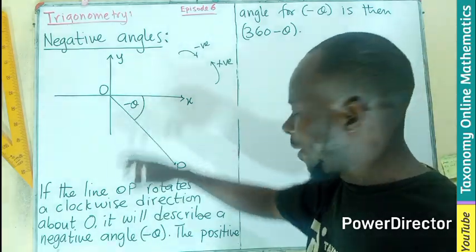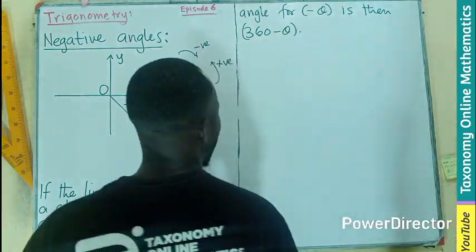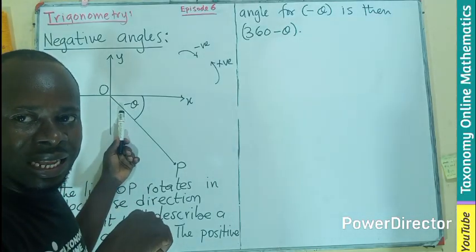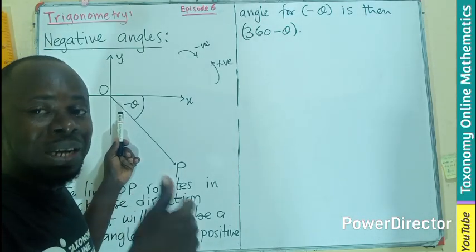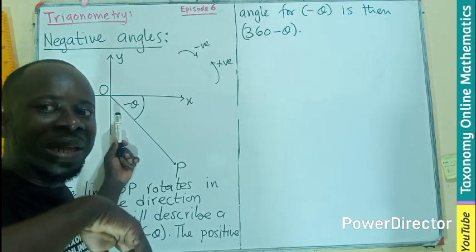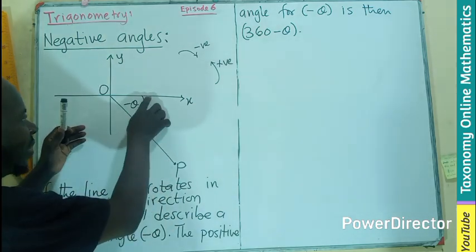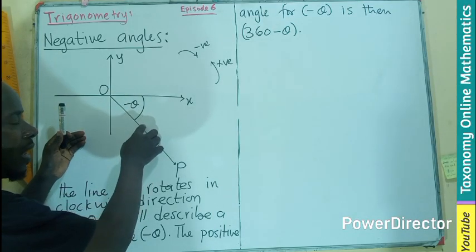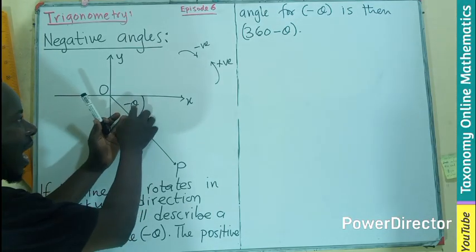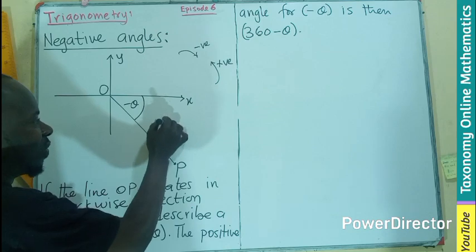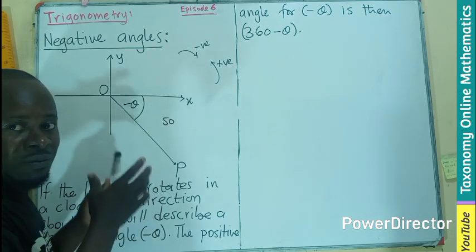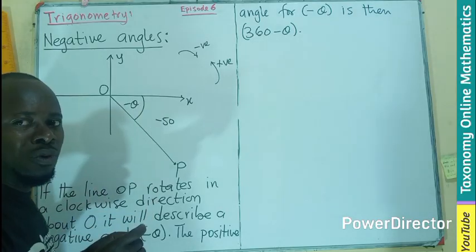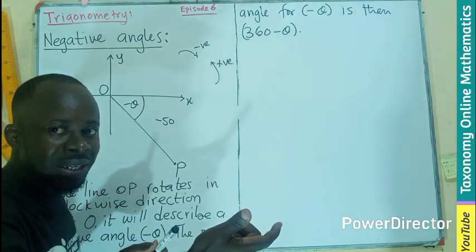The positive angle is the actual measurement in the anti-clockwise direction. When we start here and I move this way, I have moved in the clockwise direction, hence I have a certain value. Let's say this value is 50. The negative here shows that I am moving in the clockwise direction.